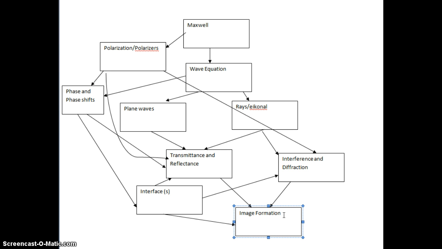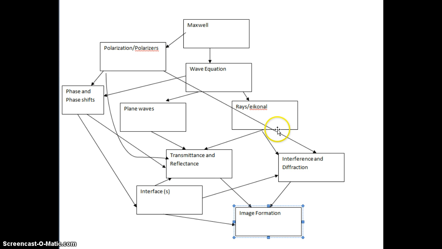It's funny because image formation, when we think about optics, at least for me, is so key. And yet, it didn't seem like it was until the end of the semester when we finally talked about how it is that we can see images and how they form on a screen. And yet, I think that is just so much of a key component.